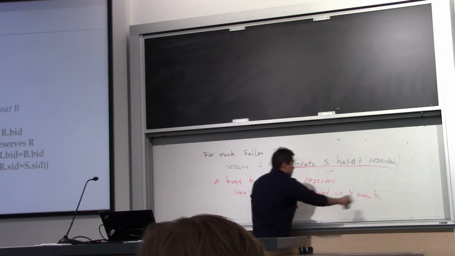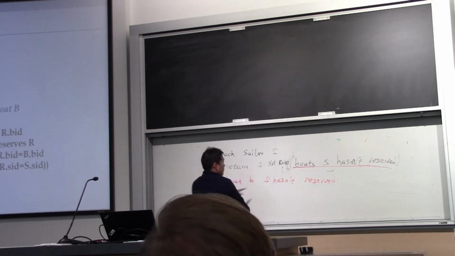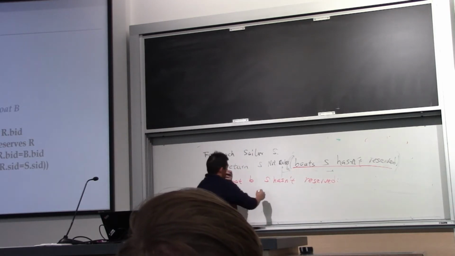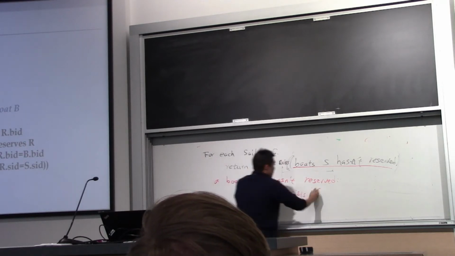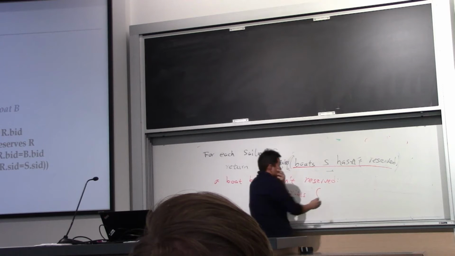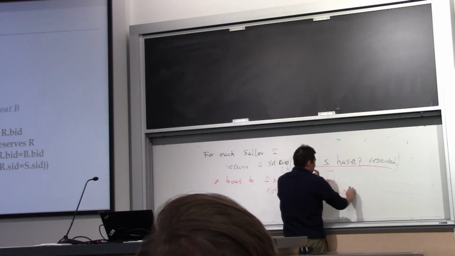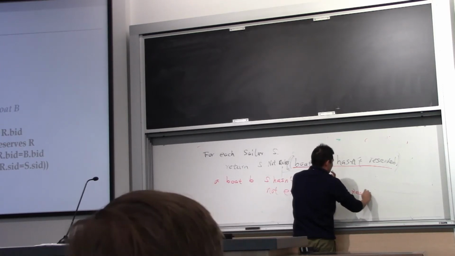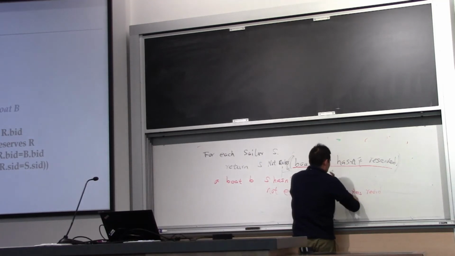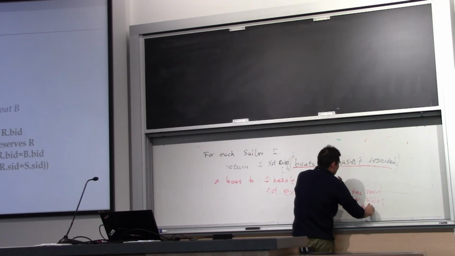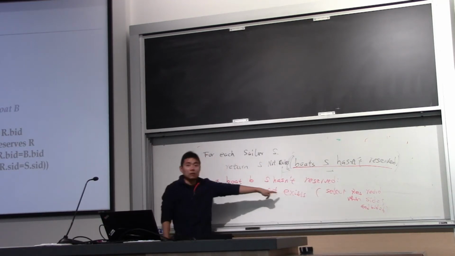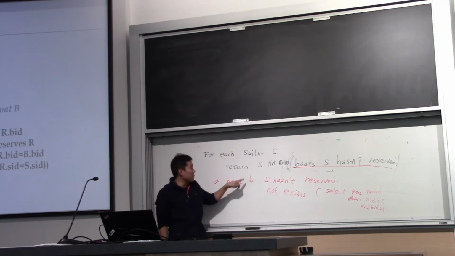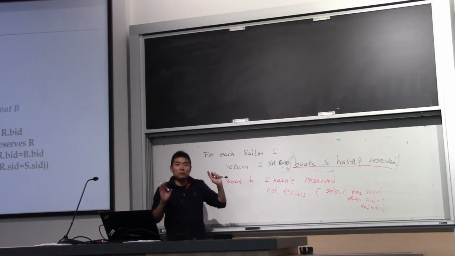Well, to do this, I will say not exist select a reservation record where SID equal to S and boat ID equal to B. That's it. If this does not exist, meaning this is empty, that means this S has not reserved this boat.